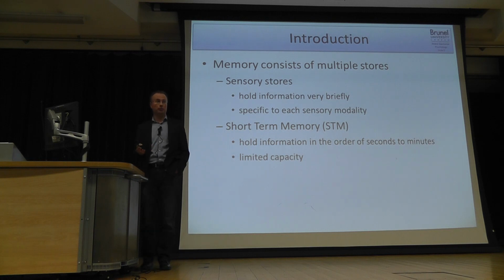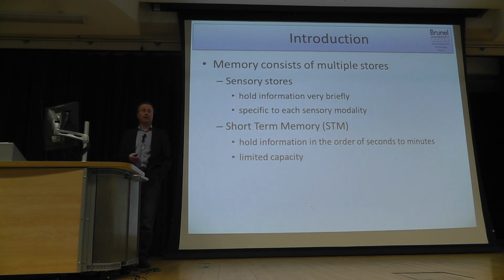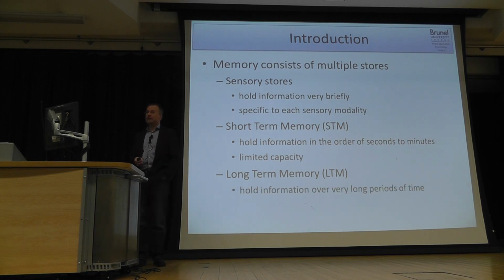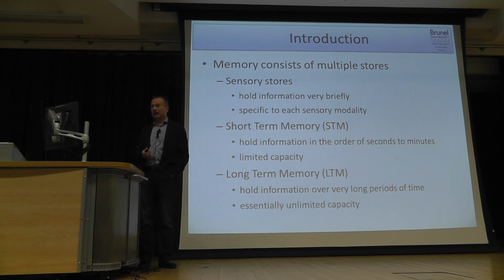As you all probably know, you can't just read a whole page of a book and then immediately remember and recall that. And lastly, we have a store which is called long-term memory, and here it's assumed that information is stored over very long periods of time, maybe even a lifetime, and that it basically has an unlimited capacity.